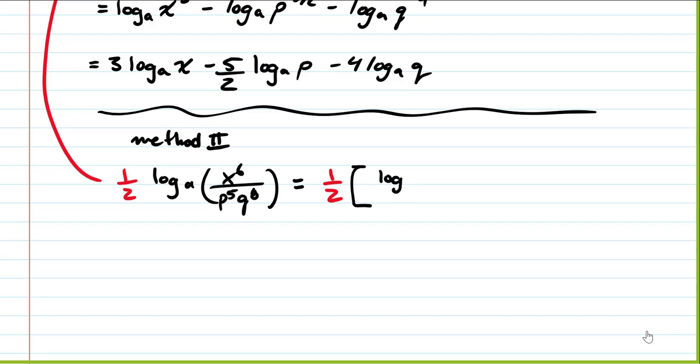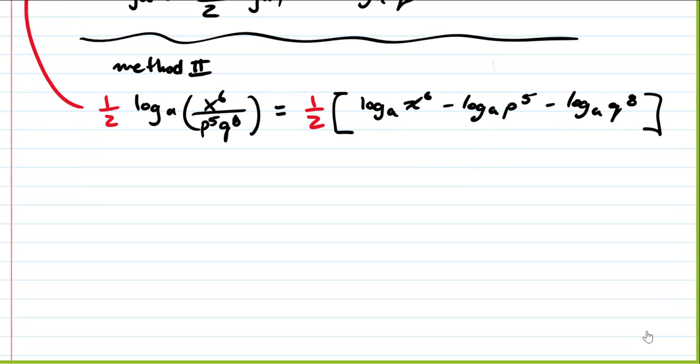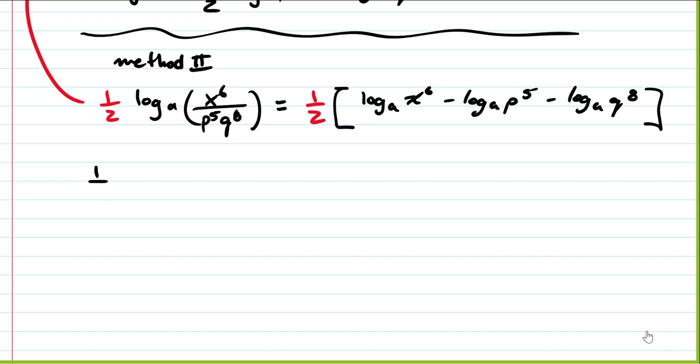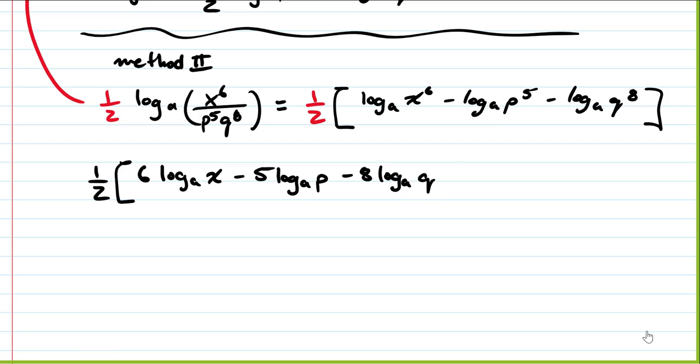So you would get the logarithm base a of x to the 6th minus the logarithm base a of p to the 5th minus the logarithm base a of q to the 8th. We then move all of their exponents out in front. So we have 1/2 times, and we have 6 times the logarithm base a of x minus 5 times the logarithm base a of p minus 8 times the logarithm base a of q.